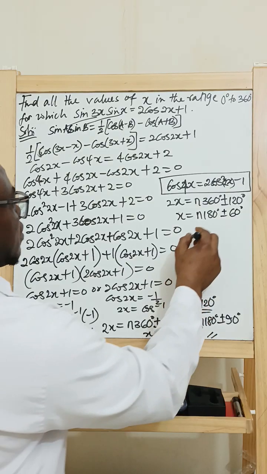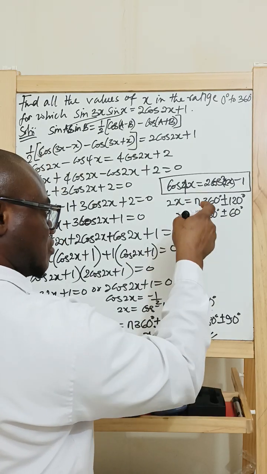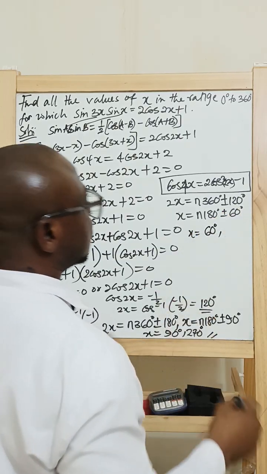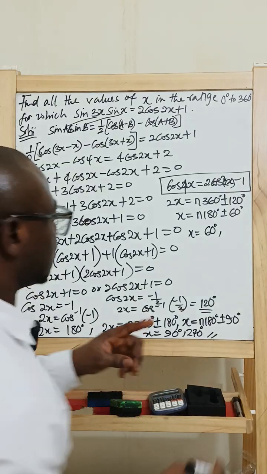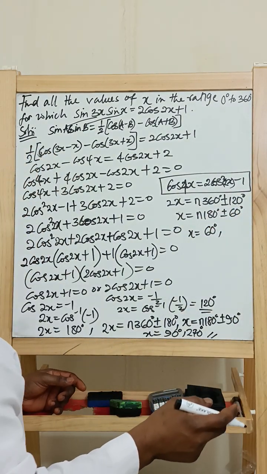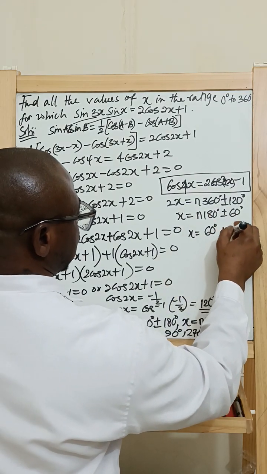So the value of x for here now is going to be, when n is equal to 0, that will be 60 degree. We only take the positive part. Then when n is 1, that will be 180 plus 60, right? Then 180 minus 60, that's 120, right?